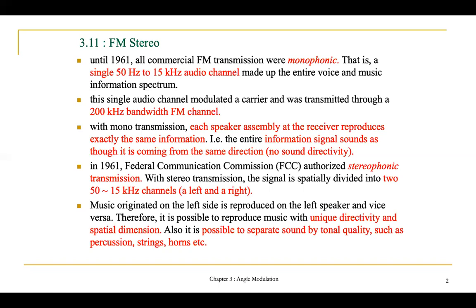Where the music originated on the left side is reproduced on the left speaker and vice versa. Because of that, stereophonic transmission has a unique directivity and spatial dimension, and it is also possible to separate the sound by tonal qualities such as percussion, strings, and horns.